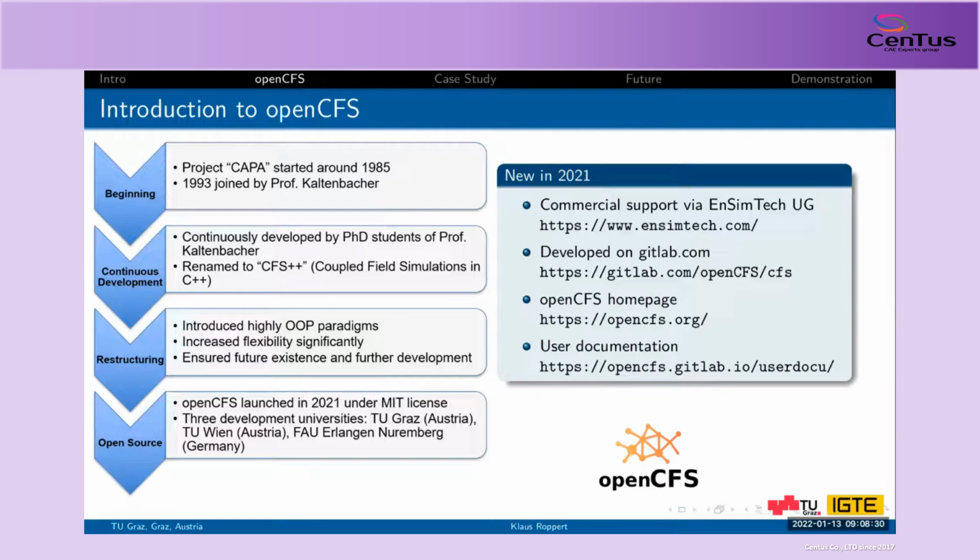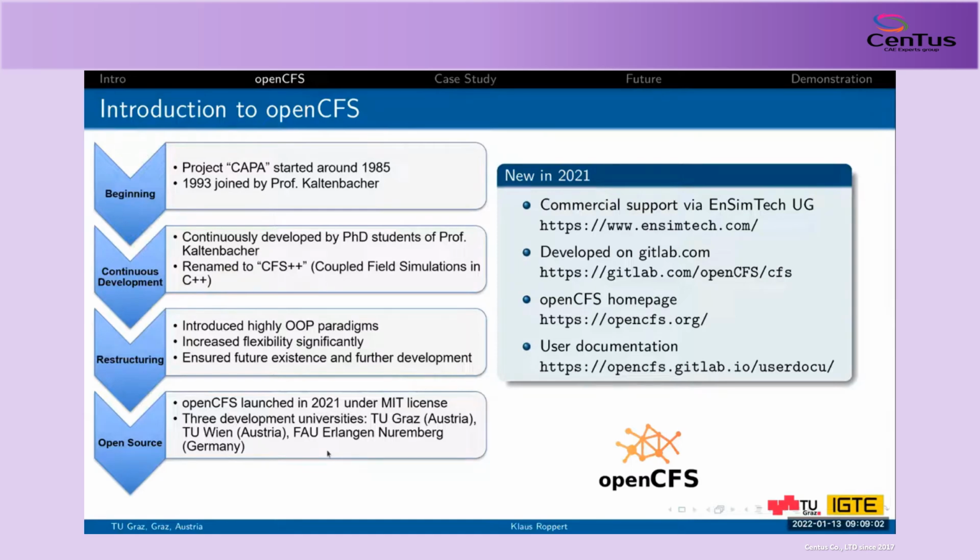So that's also the reason why it was renamed to CFS++, so coupled field simulations written in C++. And last year, we launched openCFS, which is the open source version of the software, and it's licensed under the MIT license. And we're currently at three development headquarters: two in Austria, one in Germany, TU Graz, TU Vienna in Wien, and in Germany at the University Erlangen-Nuremberg.